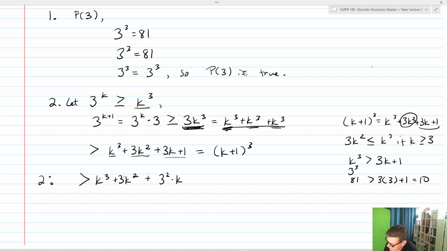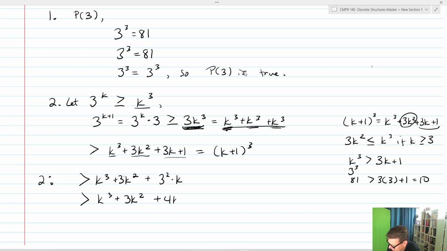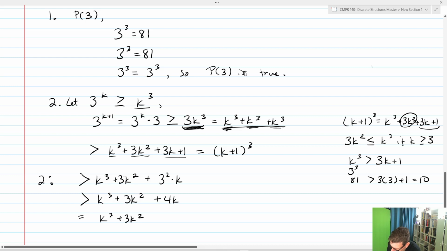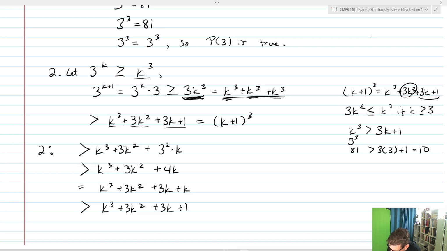And that's going to be strictly greater than k cubed plus 3k squared plus 4k, because that's 9k, and 9k is bigger than 4k, and k is positive. And this equals k cubed plus 3k squared plus 3k plus k, just using a little algebra. And this is then strictly greater than k cubed plus 3k squared plus 3k plus 1. And we're done, which equals k plus 1 cubed.